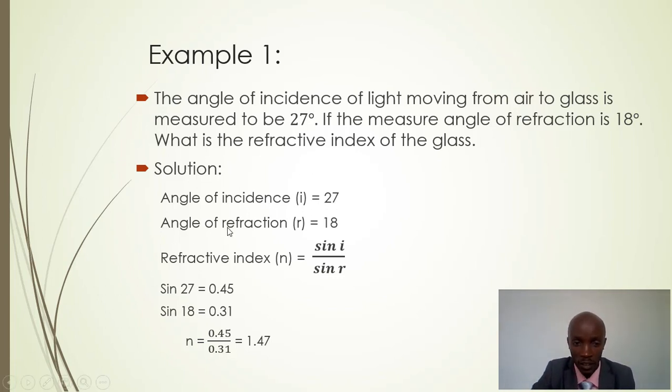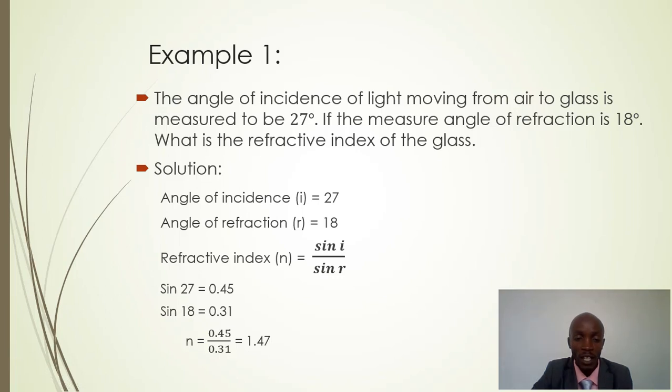Now, to get the refractive index, from our formula, we say it's sin i over sin r. That is the sine of the angle of incidence over the sine of the angle of refraction. Now, the sine of 27, if you check from your calculator, is 0.45, and the sine of 18 from your calculator is 0.31.